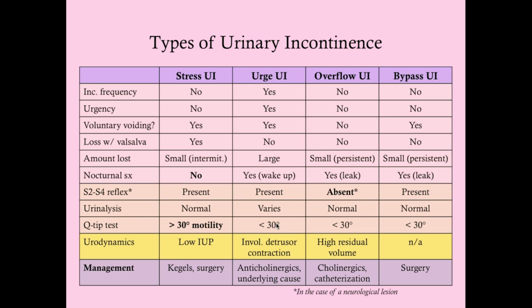And then urinalysis is going to be part of your basic workup for any urinary incontinence, because one common cause of urinary incontinence is bladder infection. Q-tip test we'll talk about when we talk about stress urinary incontinence. Urodynamics, we'll just briefly touch on when we go over all of these, and then the management. But again, we'll talk about this in greater detail as we go into each of these incontinences.